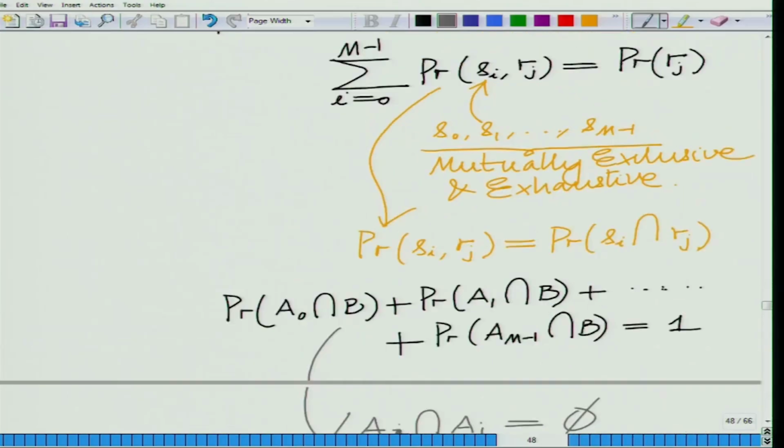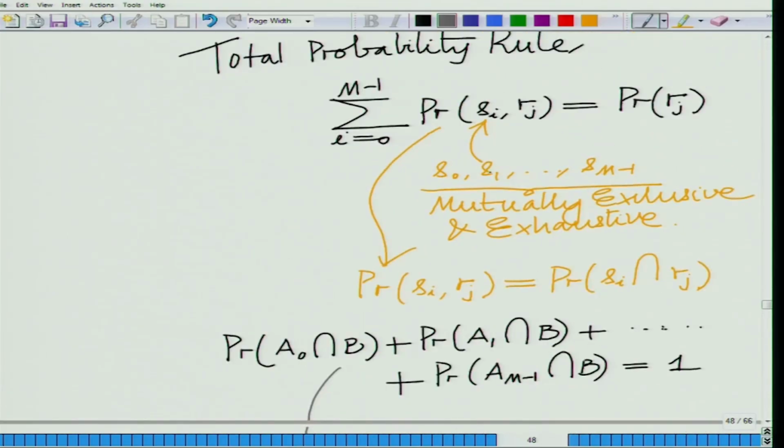Each of these events is disjoint, that is their intersection is phi, and their union spans the entire sample space. For instance, the symbols S0, S1, up to S m minus 1 are disjoint, in the sense that the occurrence of one precludes the occurrence of the other, and they are exhaustive in the sense that the symbols must belong to one of these.